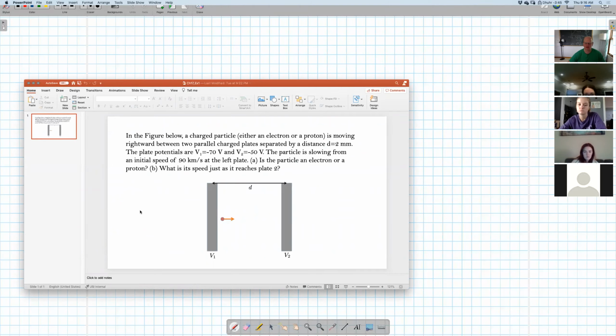So if potential changes with respect to position, we must have an electric field, and the electric field points from high potential to low potential.